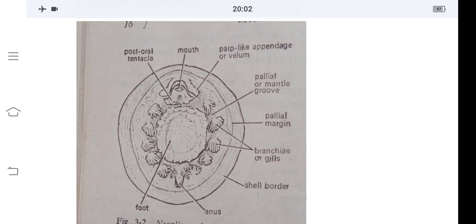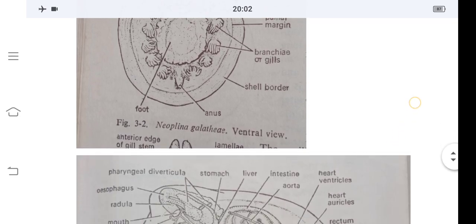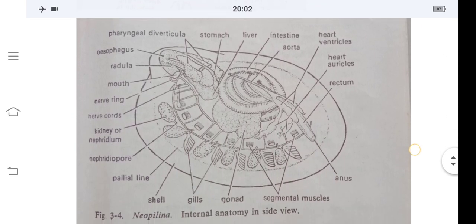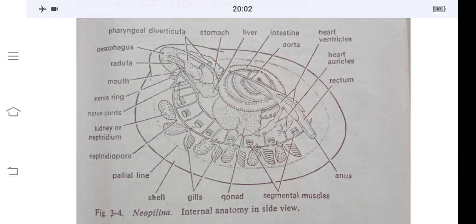Ventral view. And this is internal anatomy of Neopilina.